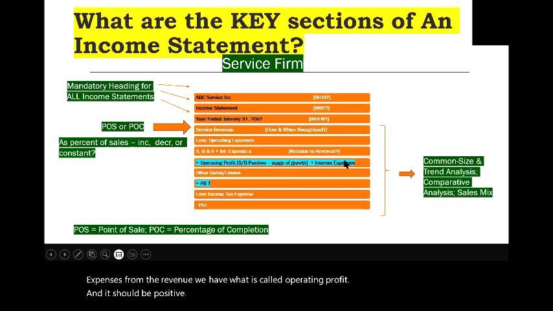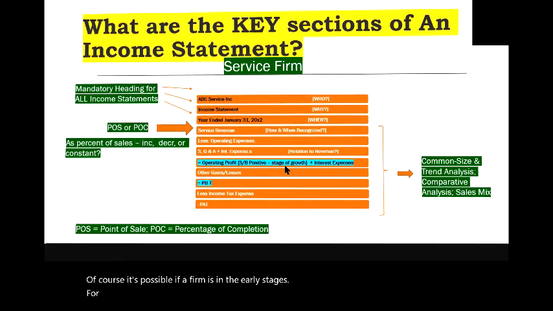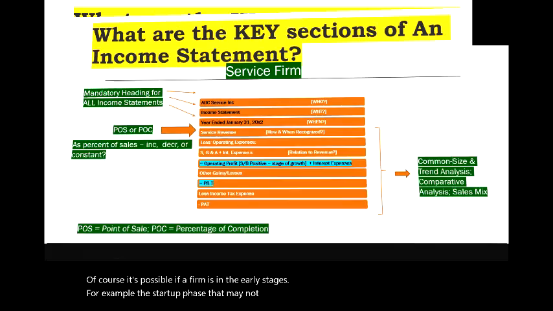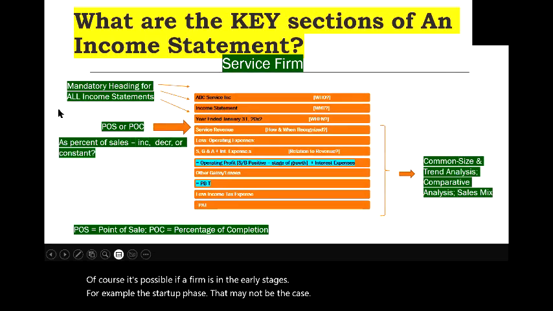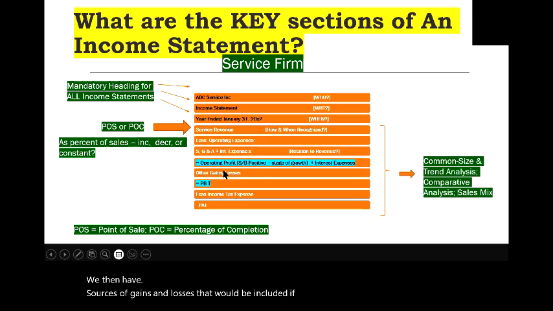Of course, it's possible if a firm is in the early stages, for example, the startup phase, that may not be the case. We then have other sources of gains and losses that would be included if there are any. The difference between a gain or a loss versus a revenue and expense is what is the primary business of the firm.